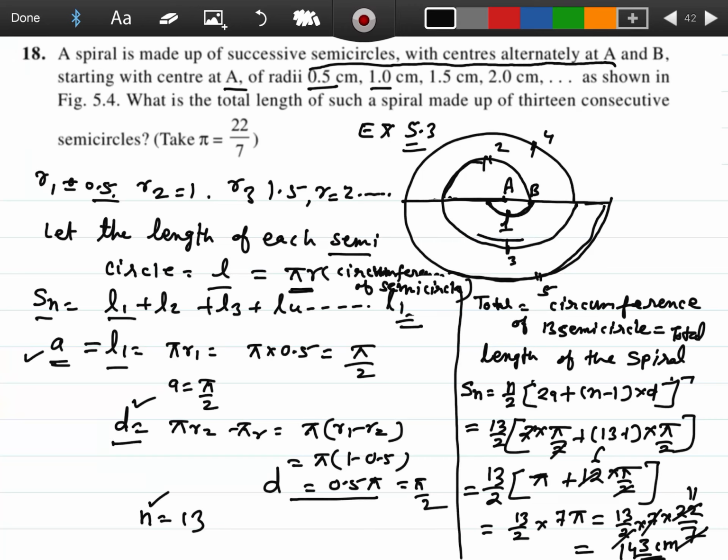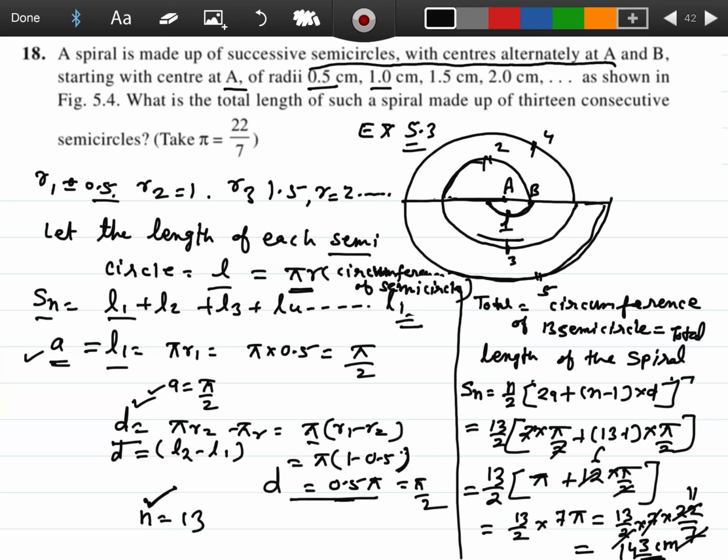Now Sn will be L1 plus L2 plus L3, and L1 will be equal to A, and L2 minus L1 will be equal to D. So D is equal to pi, taking pi common, (r2 minus r1) is 0.5, so D is equal to 0.5, which can be written as pi by 2. n is equal to 13, D is equal to pi by 2, A is equal to pi by 2.